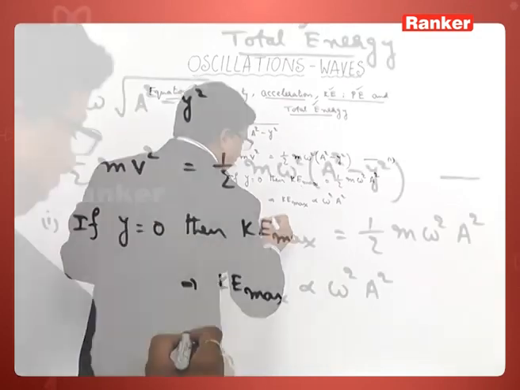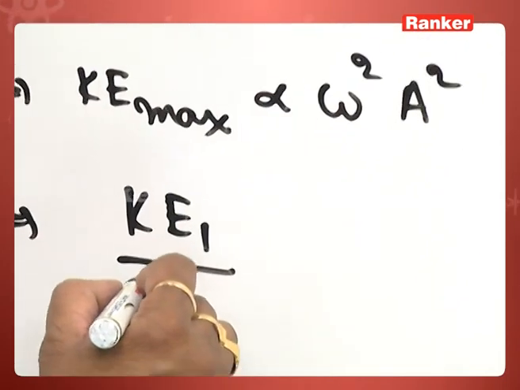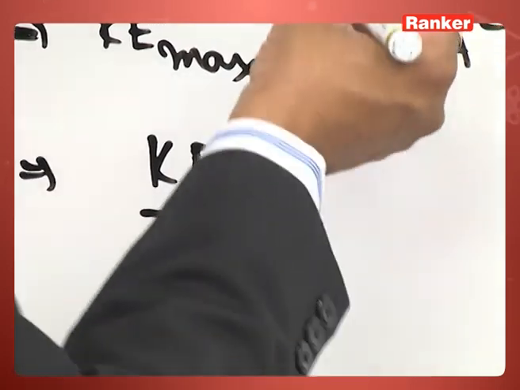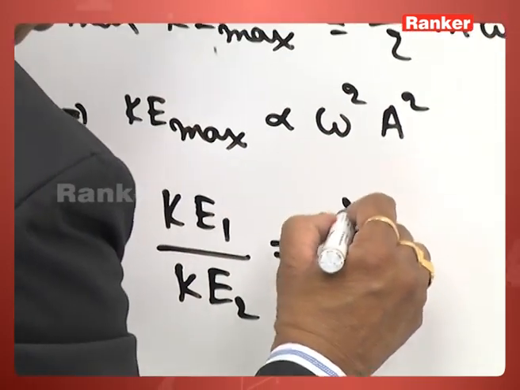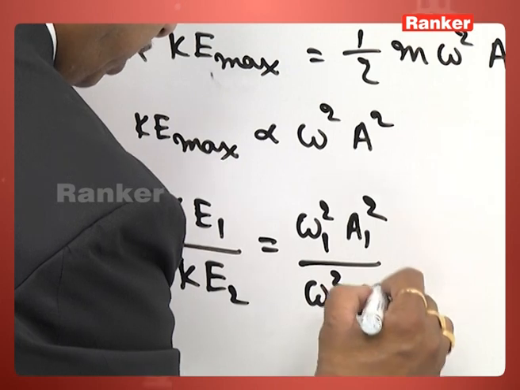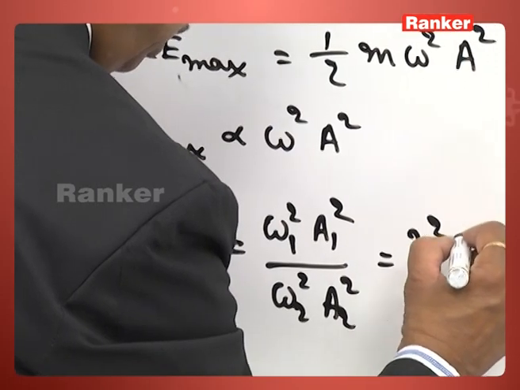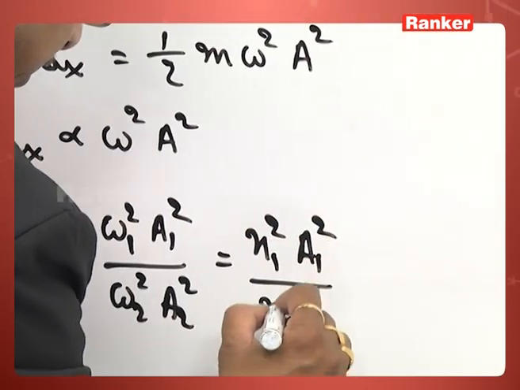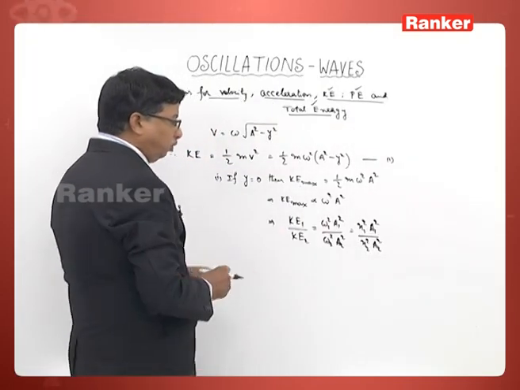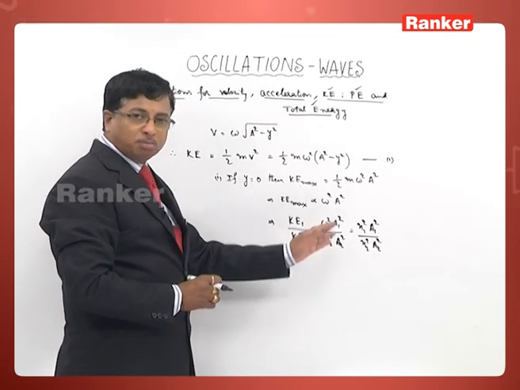So, if you take the same equation, you can say that kinetic energy maximum of one particle with respect to kinetic energy maximum of the second particle, whenever you are asked to take the ratio, you can write omega 1 square A1 square by omega 2 square A2 square. In other words, you can even write it as n1 square A1 square by n2 square A2 square, where n1 and n2 refer to linear frequencies of both the particles or bodies which are in simple harmonic motion.